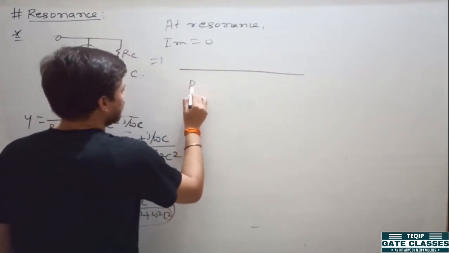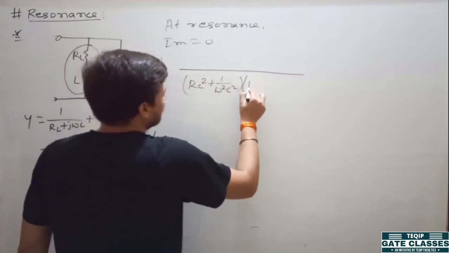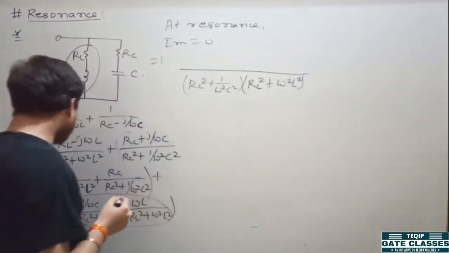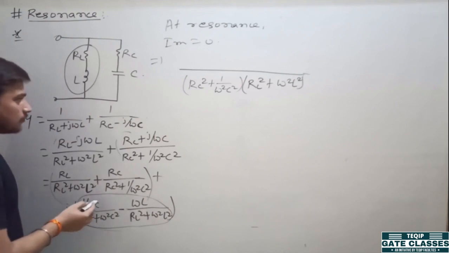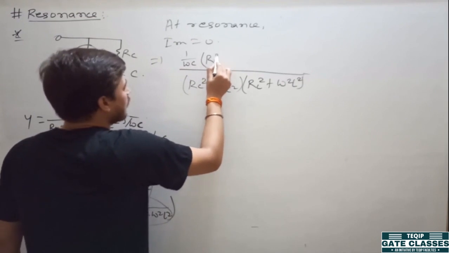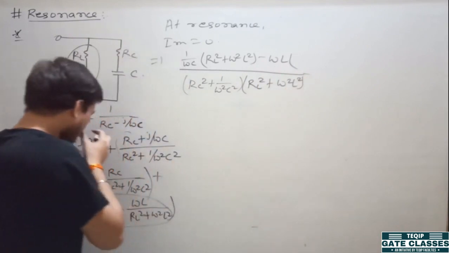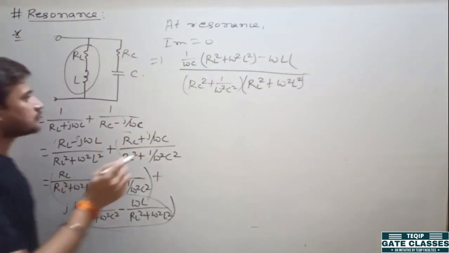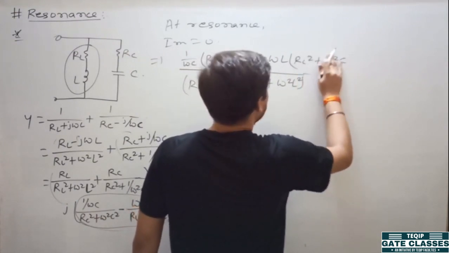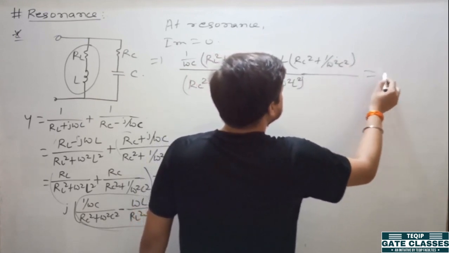Here it is coming RC square plus 1 upon omega square C square into RL square plus omega square L square, and at the numerator it will be 1 upon omega C into RL square plus omega square L square minus omega L into RC square plus 1 upon omega square C square, will be equal to 0.